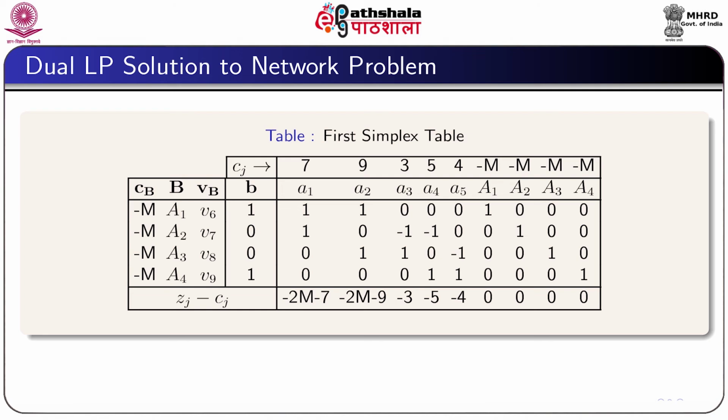Now, we proceed to solve this dual problem by simplex. In the first iteration, we see that the vectors a1, a2, a3, a4 are forming the basis, and from the values of zj minus cj, we see that a2 is the entering vector.